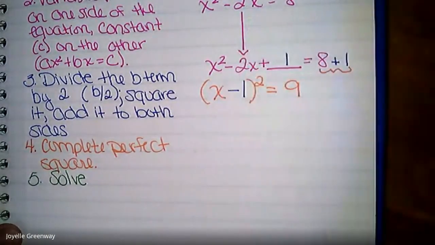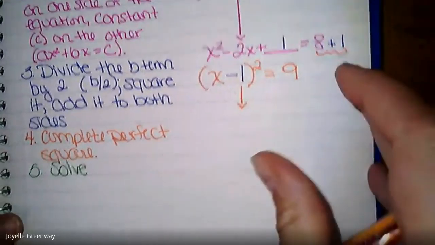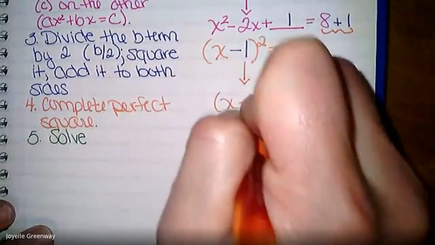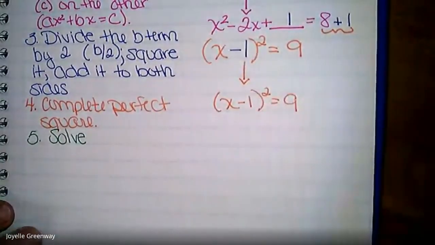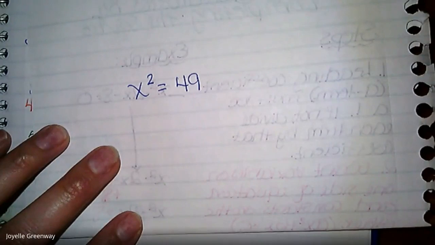So we have x, I'm going to rewrite it, okay? So I'm just going to rewrite it down here so I can show you. So we have x minus 1 quantity squared equals 9. So if you were to have, this is again, don't write it down. What if you had x squared equals 49? Well, you know, right, that x times x is 49, so 7 times 7 is 49. You know that, right?